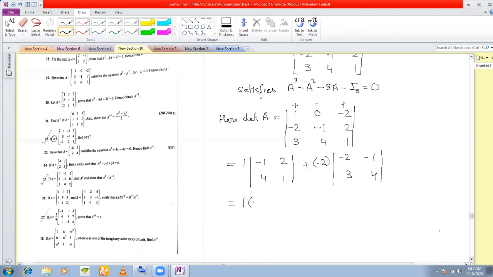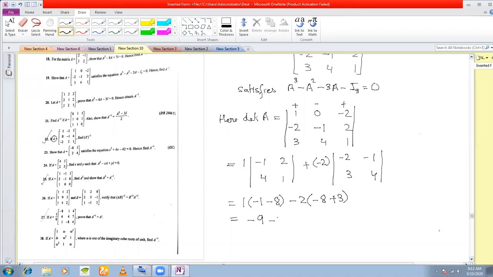1 times (minus 1 minus 8) minus 2 times (minus 8 plus 3). So how much does it come to?